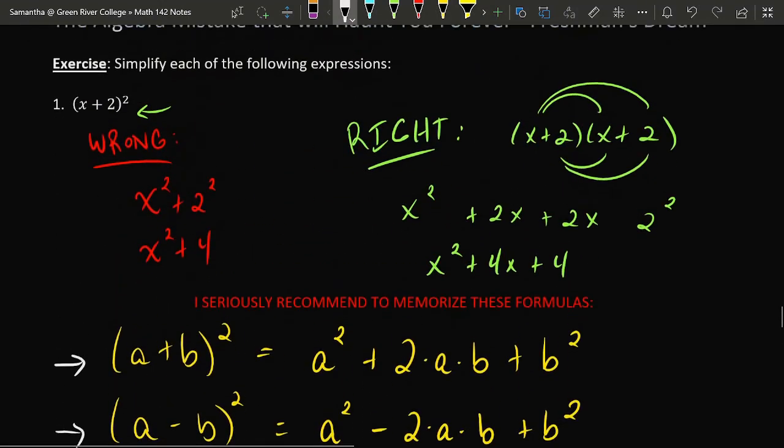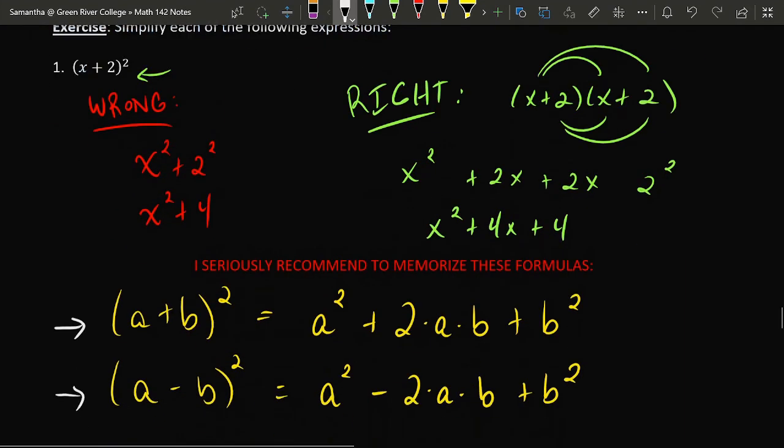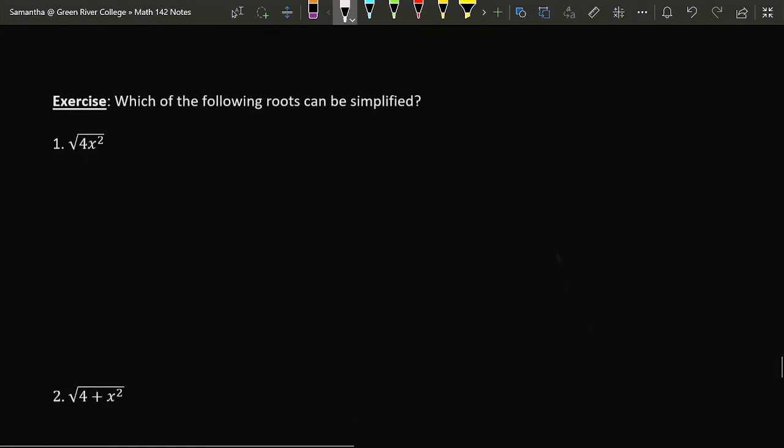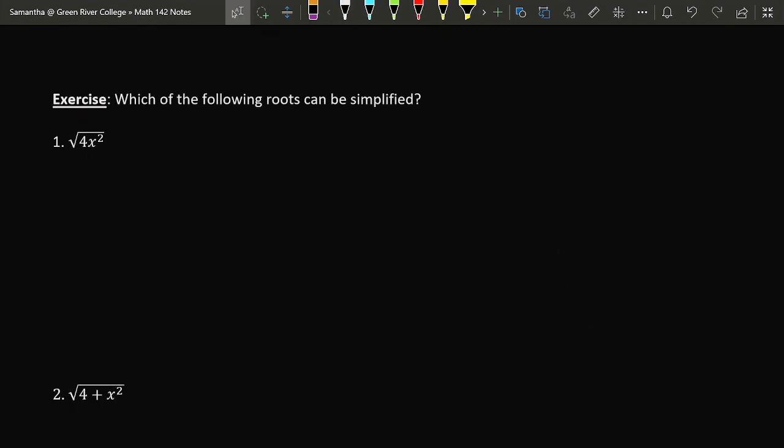Now, related to this issue, you'll see a similar problem come up when students are working with square roots instead of squares. And again, the problem is the difference between multiplication and addition and subtraction.